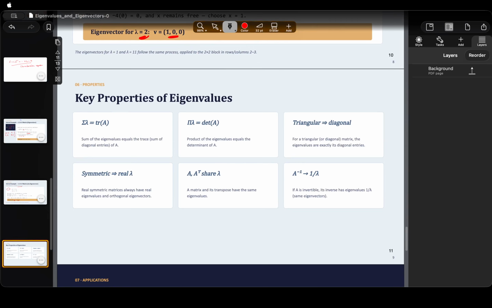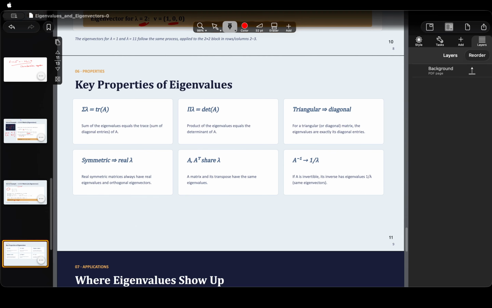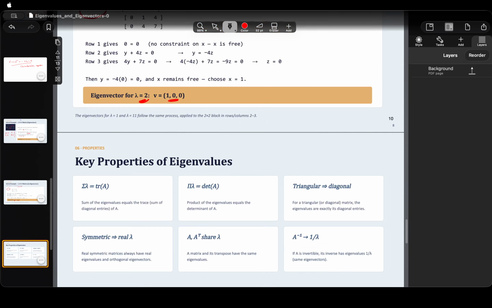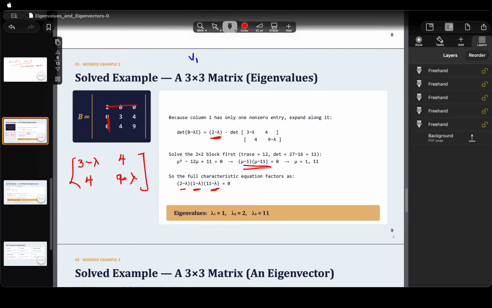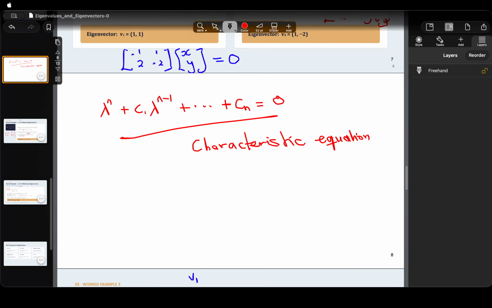A few key properties of eigenvalues that you have to take note of. The first one is the summation of the eigenvalues: the summation of the eigenvalues is going to be equal to the trace of our matrix. Let's look at the previous example we had.